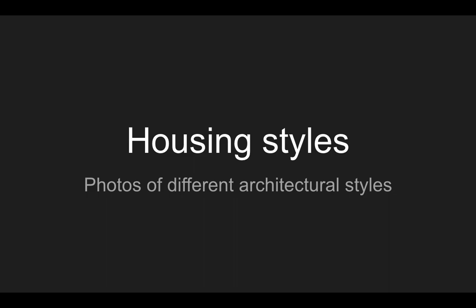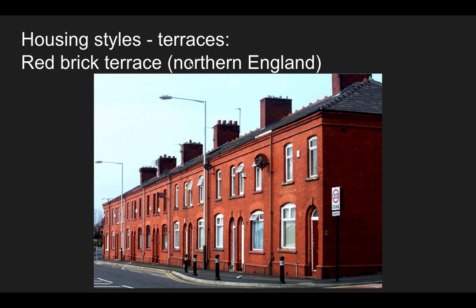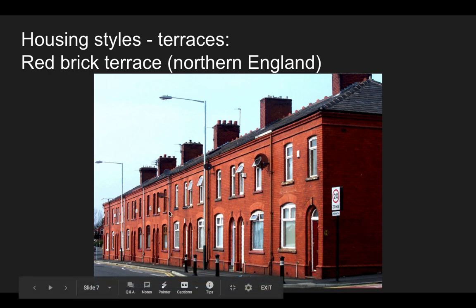So let's look at some different styles now in terms of architecture. We've mentioned some of the types of houses. For example, terrace houses have different styles. You might see red brick terrace houses, especially in the north of England. These are the bricks, the individual pieces, and in the north of England, it's very common to find red brick terraced houses.